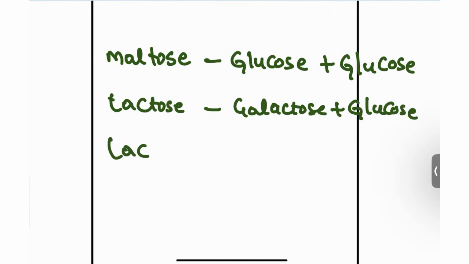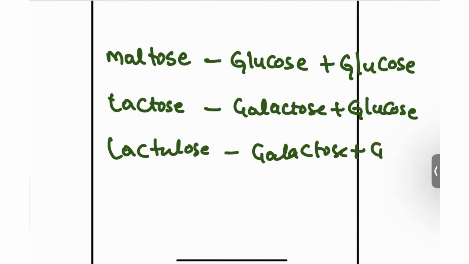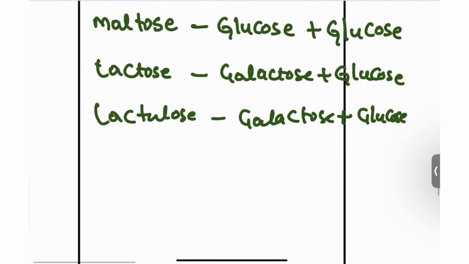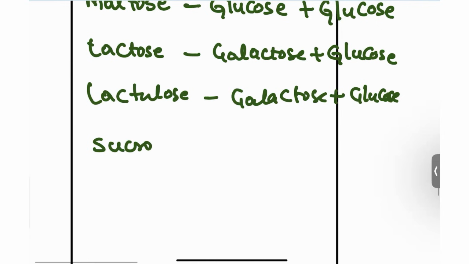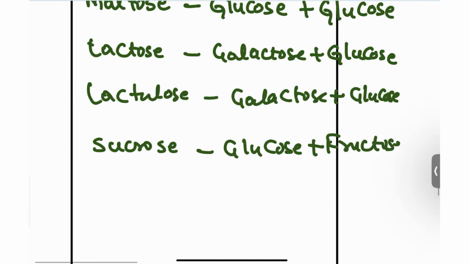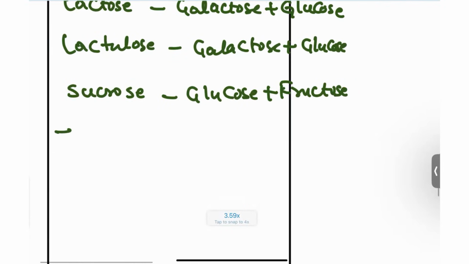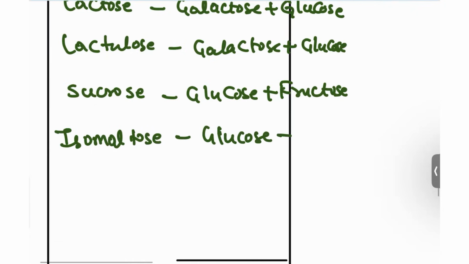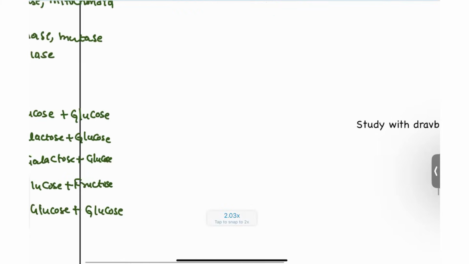Lactulose gives galactose plus fructose. Next, sucrose gives glucose plus fructose. These points can be asked. Next, isomaltose also contains glucose plus glucose. These are the points that you have to remember.